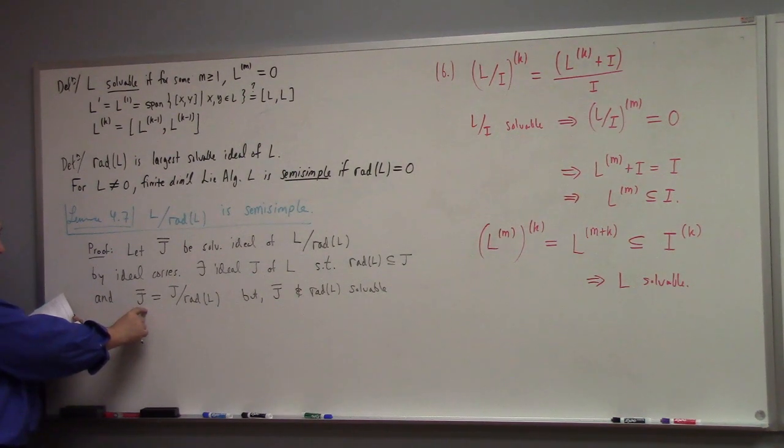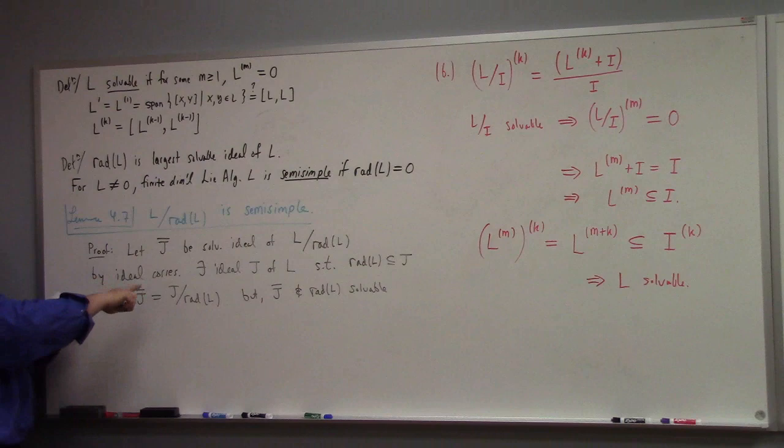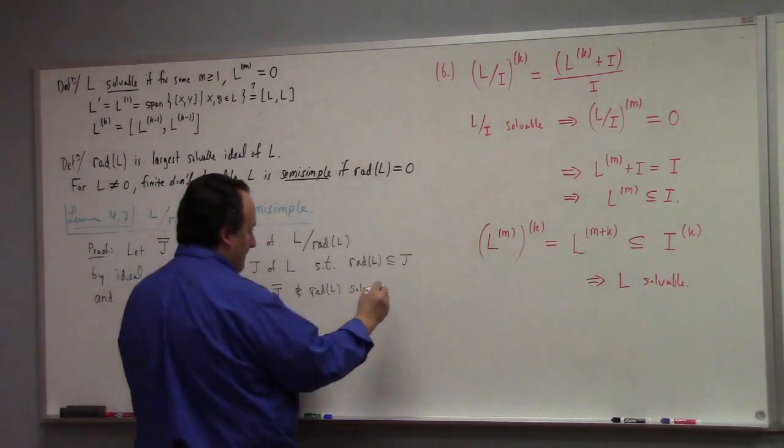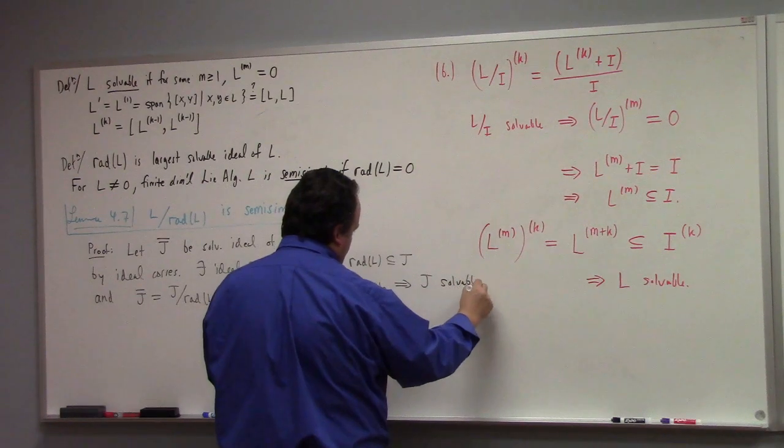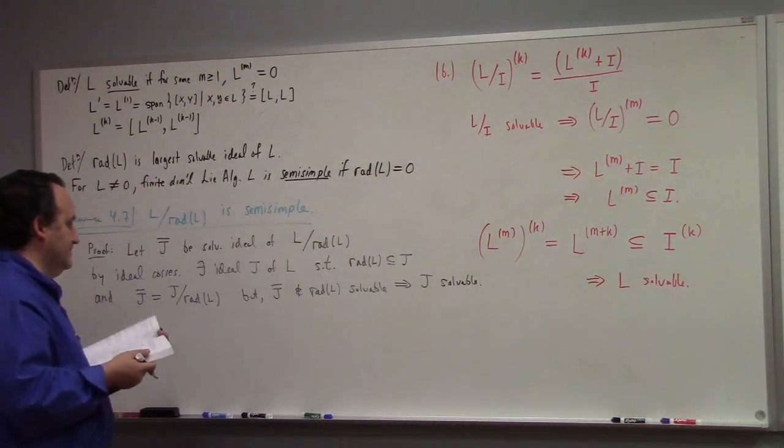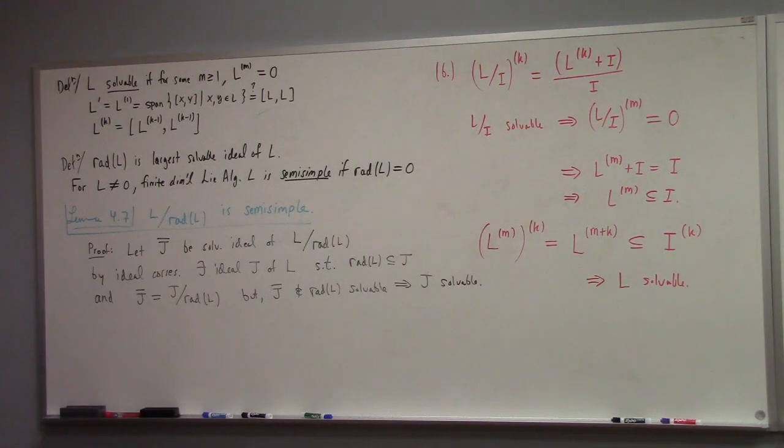So therefore, J is solvable. But then J is contained in rad L.